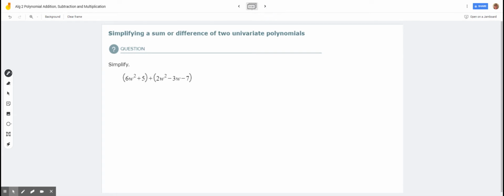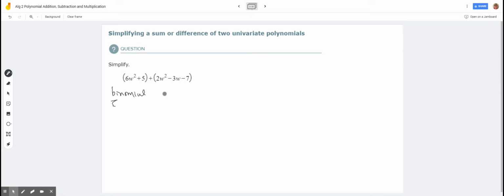Now you're simplifying a sum. Notice they put these in parentheses. They are putting them into parentheses to separate the binomial. Binomial, like bicycle, bi.